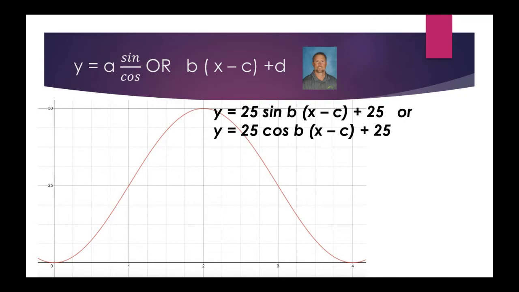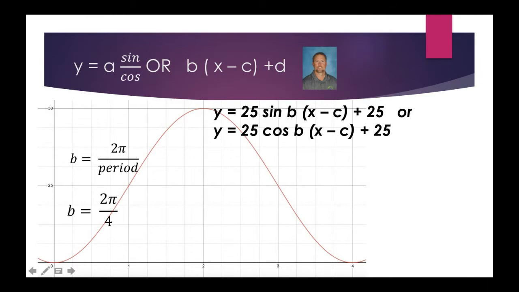The next thing we can find now is B. And B, we remember, is just 2 pi over the period. Well, the period is how long a graph takes to repeat itself. How long does this graph take to repeat itself? It takes 4 seconds.